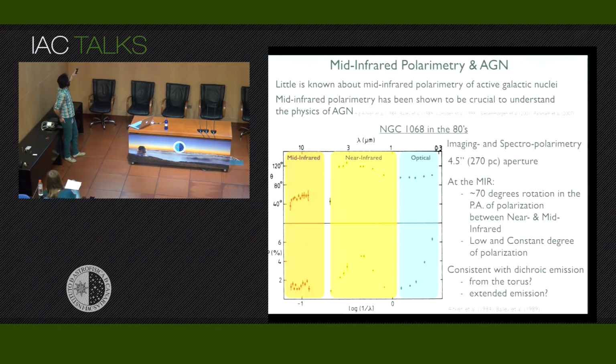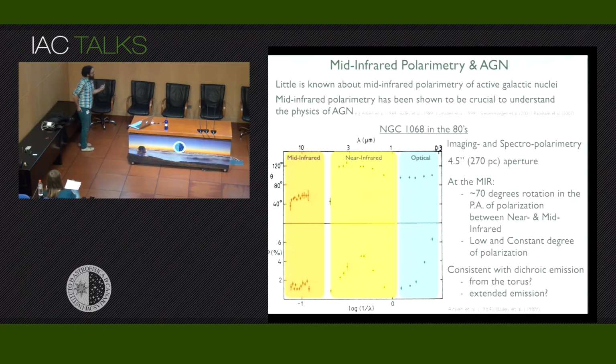Here I show the position angle of polarization, the degree of polarization, and the wavelength from optical, near infrared, and mid infrared, using imaging and spectropolarimetry and wide apertures, a 0.5 arc-second aperture, which represents around 270 parsec in this galaxy.